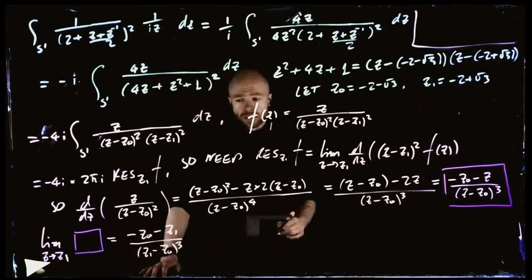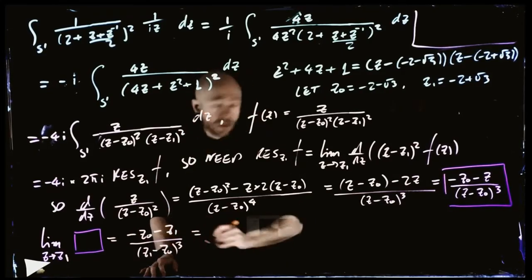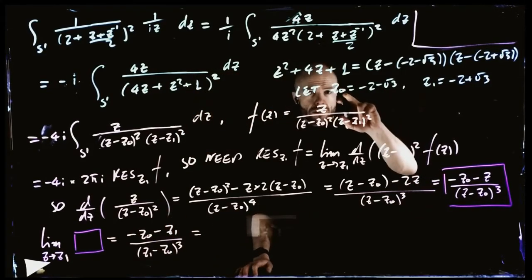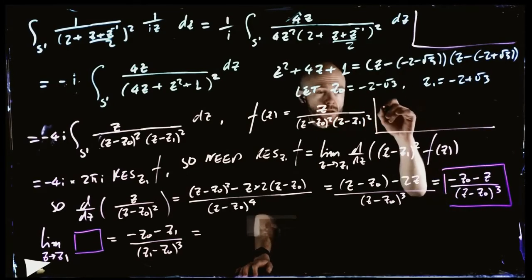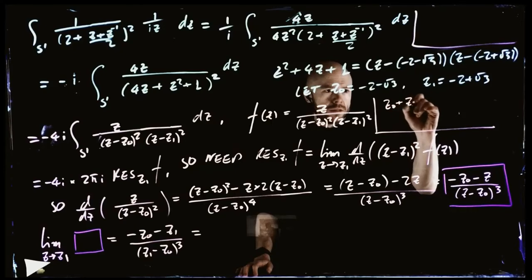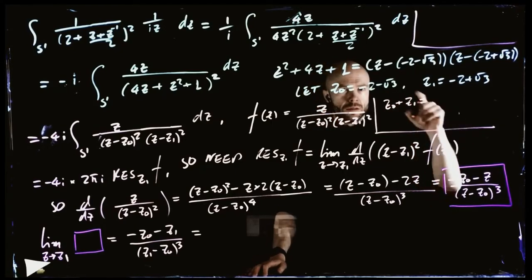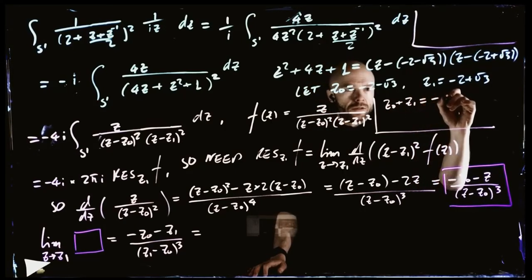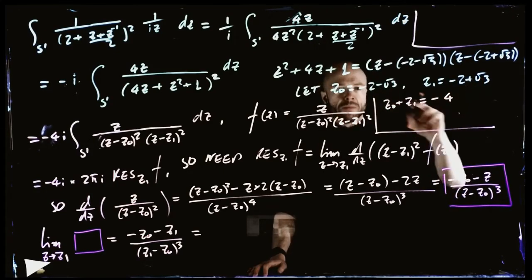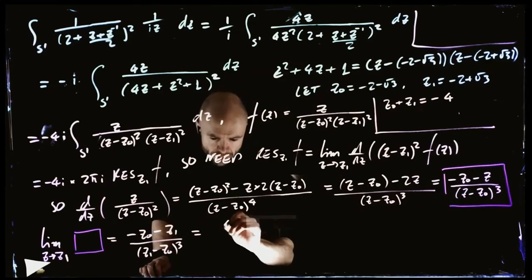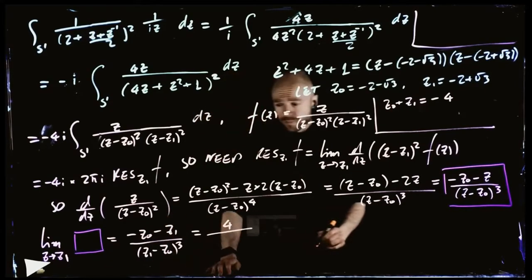Okay, let's see what this is. This is z0 and this is z1, so z0 plus z1 is equal to just minus 4, right? Because the roots will cancel. So minus this will just be 4. So we have 4 on the top right here.